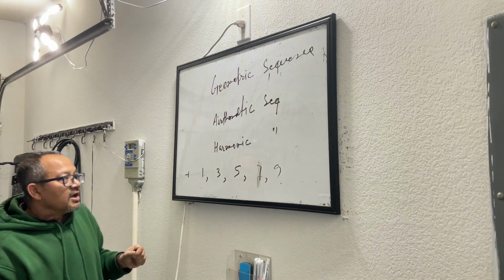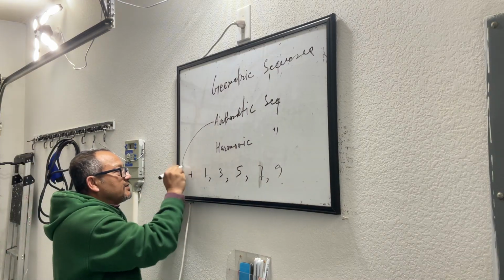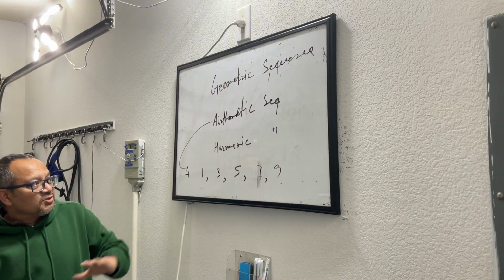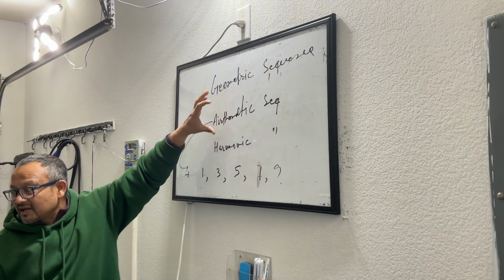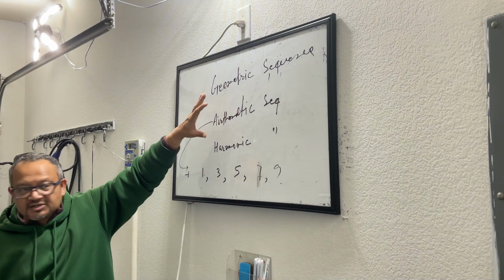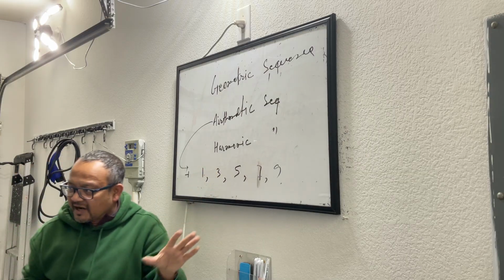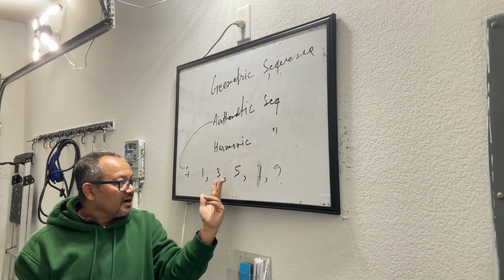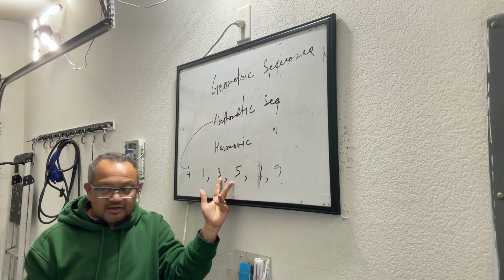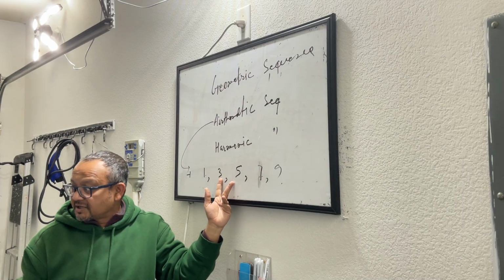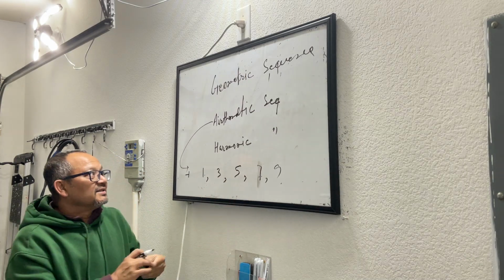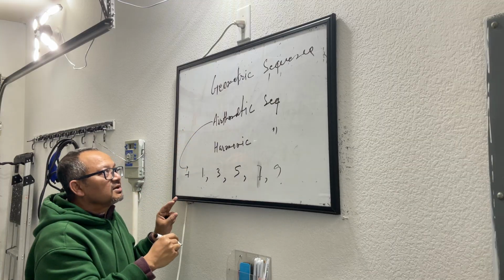Okay. So, this is arithmetic sequence, where you do some basic arithmetic operations, adding or subtracting. When you are adding or subtracting any number to a number and then you get your consecutive number, I mean the subsequent number, that is arithmetic sequence.